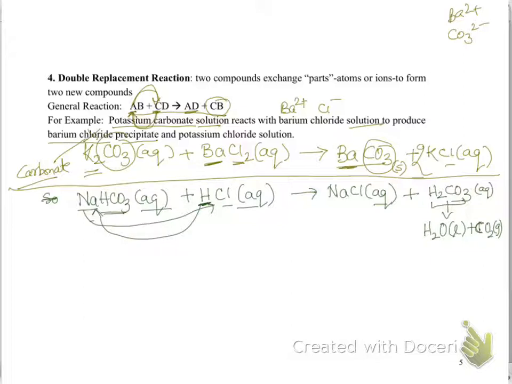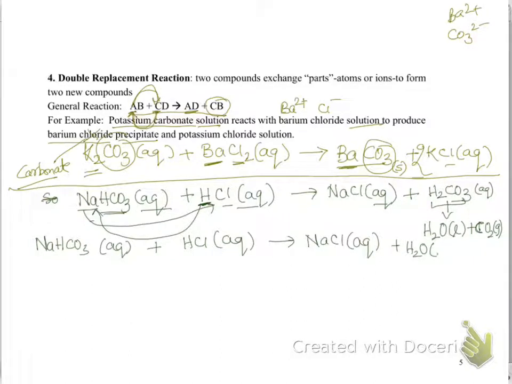So basically I can write this reaction as sodium bicarbonate reacting with hydrochloric acid to produce sodium chloride plus water and carbon dioxide gas.